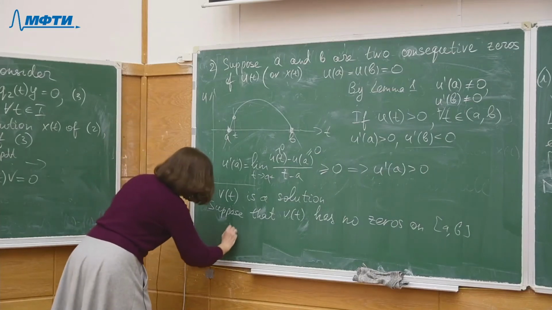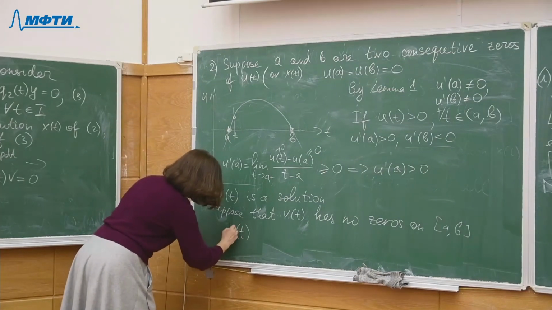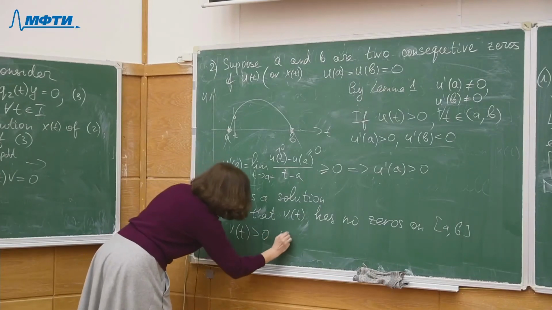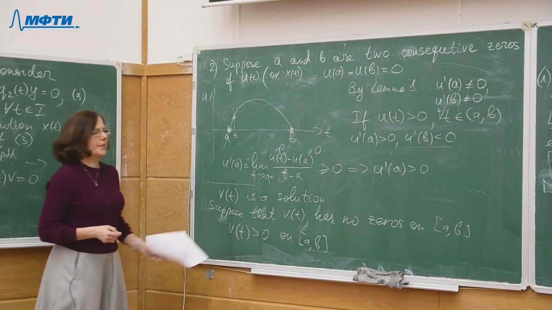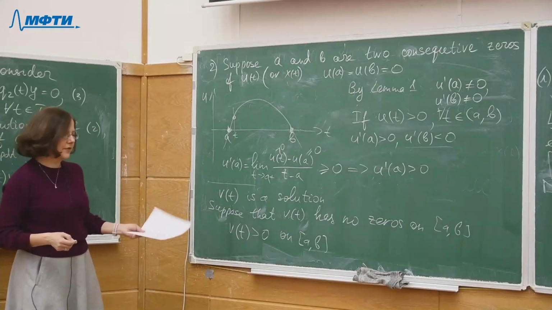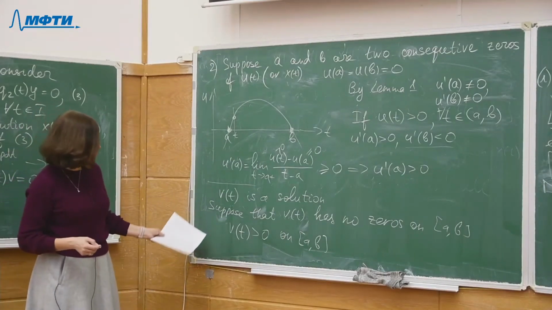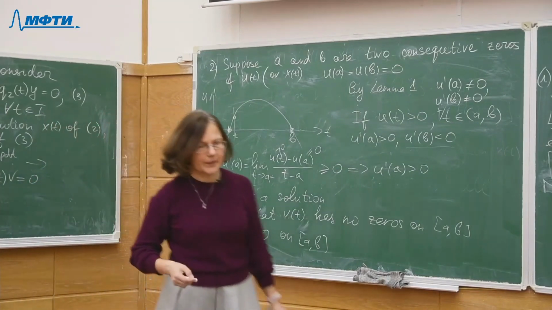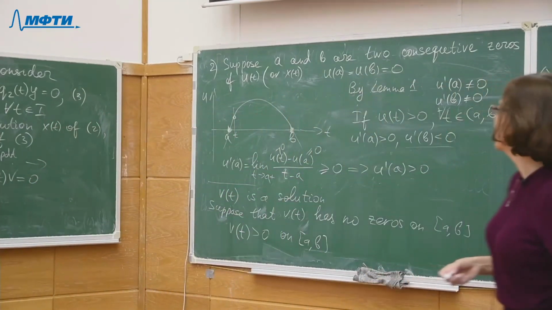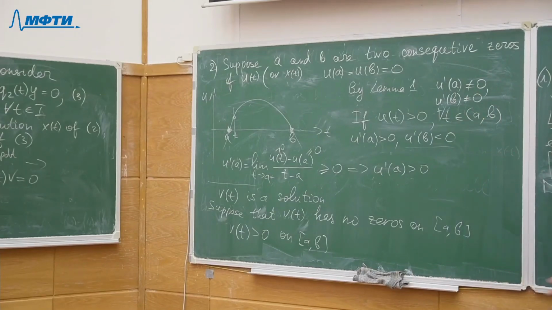And assume for definiteness that v of t is greater than 0 on AB. It can be less than 0, and the reasonings will be the same. But we will suppose that v of t is greater than 0 on AB, and that it has no roots.